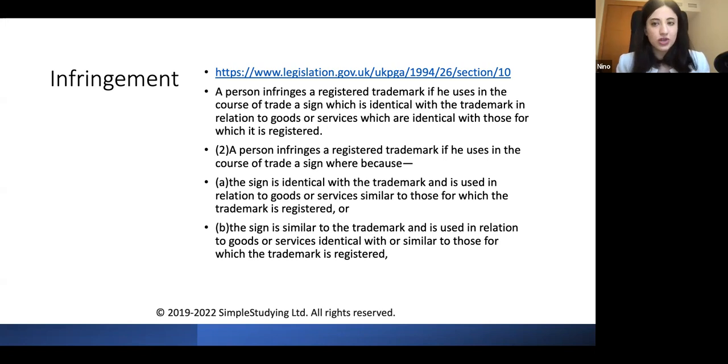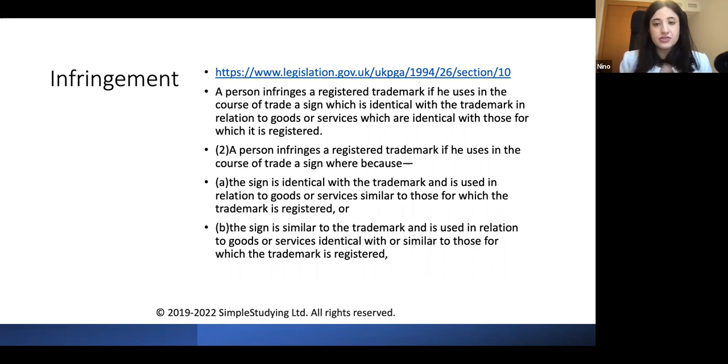That can also be use of the trademark in the course of trade. And the threshold is quite low. If you have a look at the relevant cases, you will see that any use of the registered trademark usually can satisfy this requirement. Therefore, you need to identify which part of the problem question shows that the defendant has used the trademark in the course of trade.